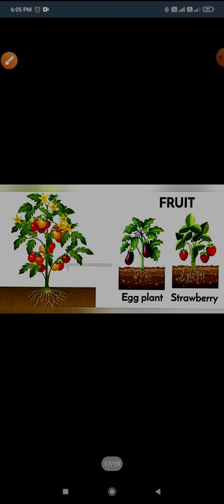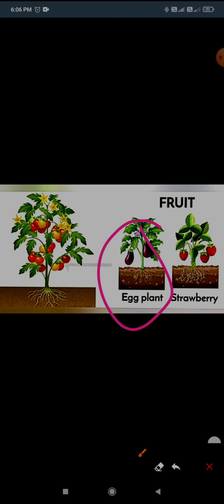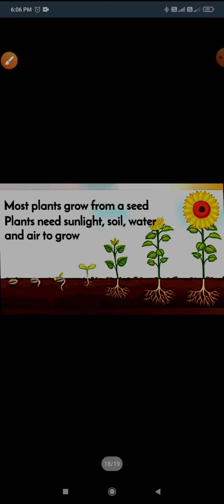So these are fruits. Here you can see some examples of fruits. Okay, this is also a category in fruit: eggplant and strawberry. I like strawberry ice cream.